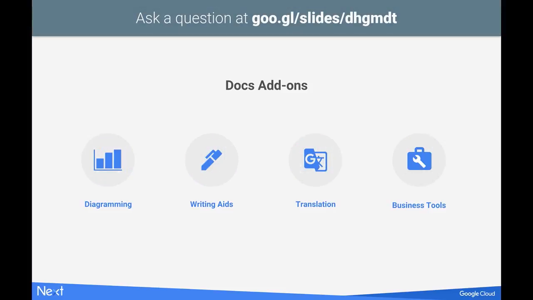We've seen add-ons in Google Docs that have performed a number of use cases. There are add-ons that make it easy to insert and create diagrams directly in your document. Add-ons that provide writing aids to users to check grammar and document readability. There are add-ons that offer translation services, as well as business tools, such as document signatures and templates.